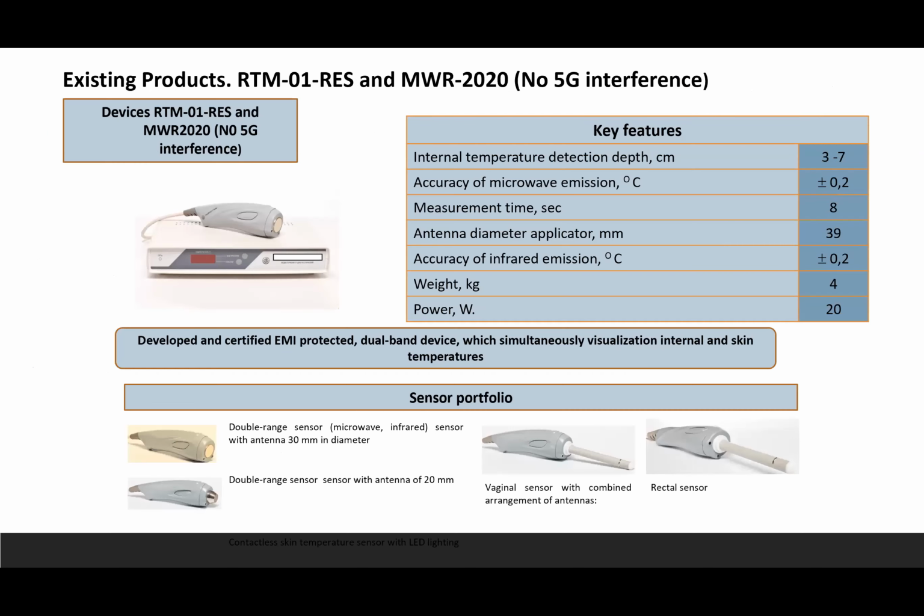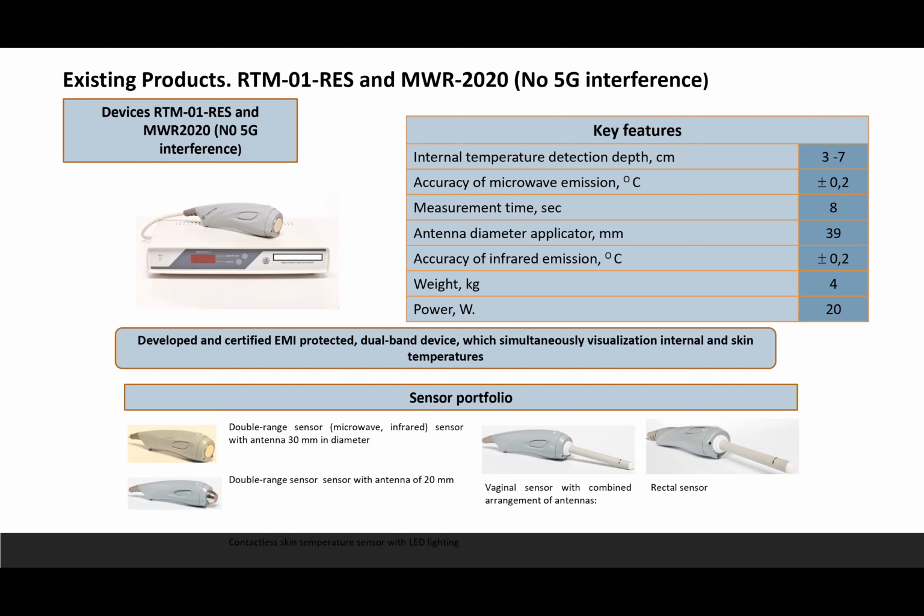So this is the device. The device has actually been used for more than 10 years in different clinics. The first application was breast cancer, but now a lot of clinics are using it for the assessment of brain status.